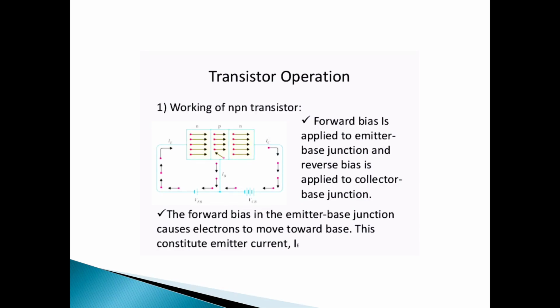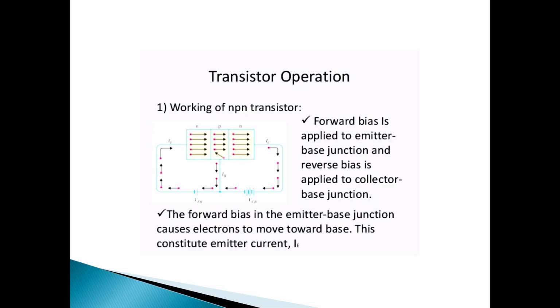Due to the forward biasing of the emitter junction, the majority carrier electrons from the emitter side will move towards the base region. Now what is the characteristic of the base region? It is lightly doped as well as the width of the base region is the least. Now when the carriers reach the base region, being lightly doped, only a few of the electrons will recombine with the holes while the rest of the electrons will drift towards the collector region.